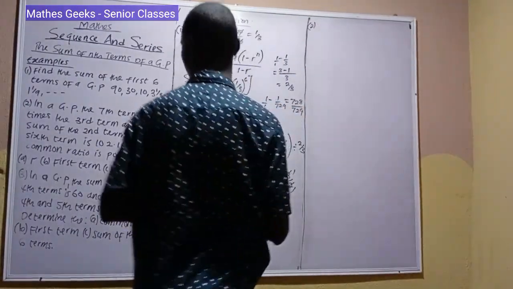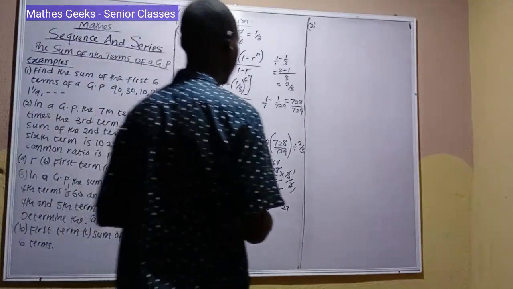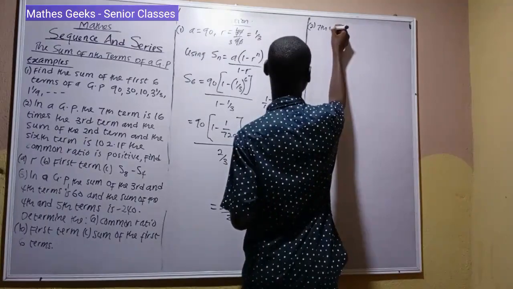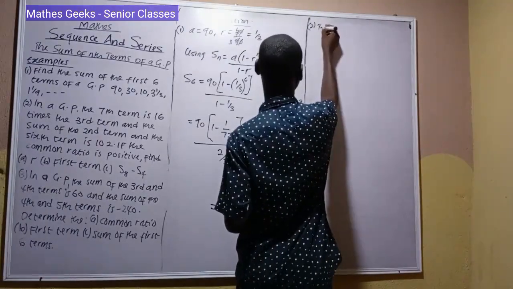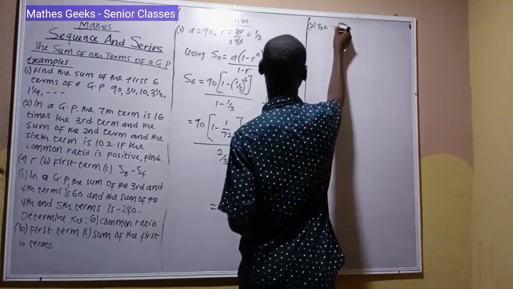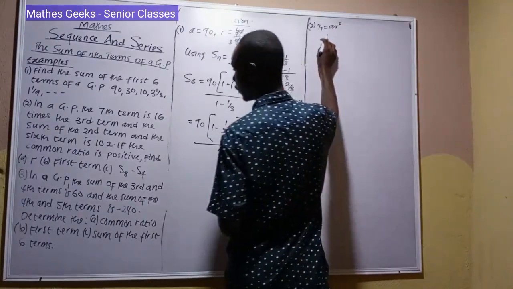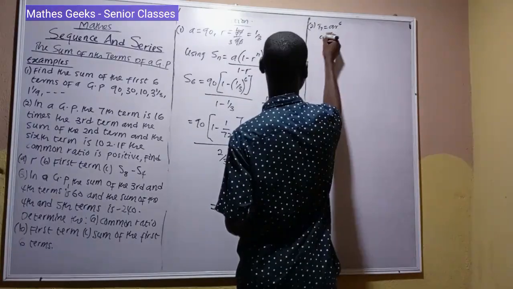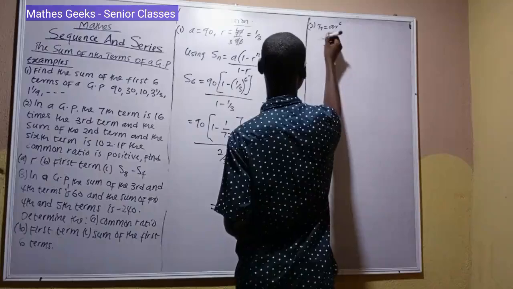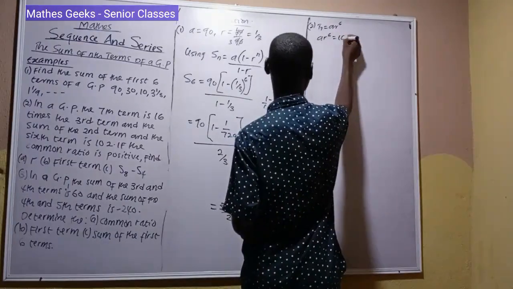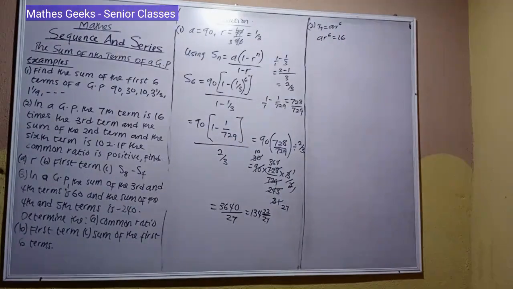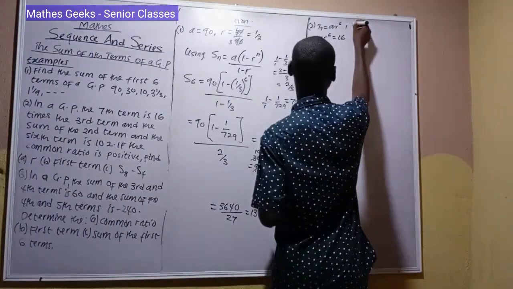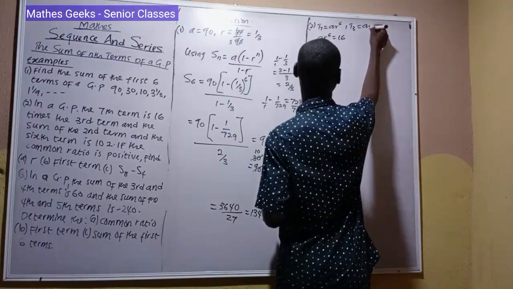Number 2. In a GP, the 7th term is 16 times the 3rd term. T7 is equal to ar^6, and T3 is equal to ar^2.